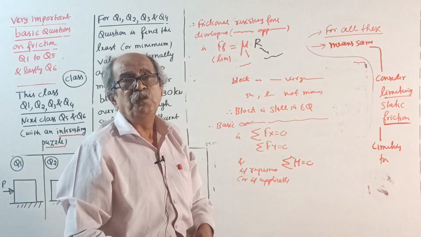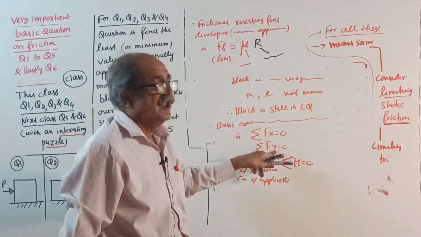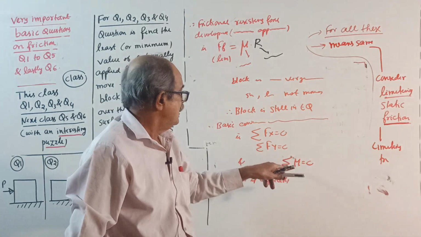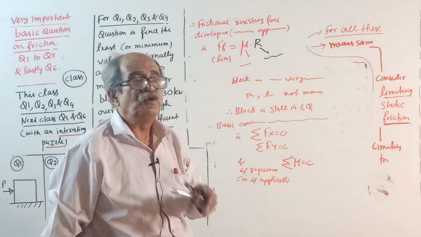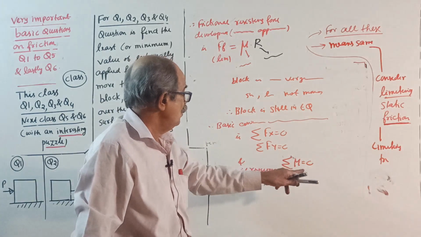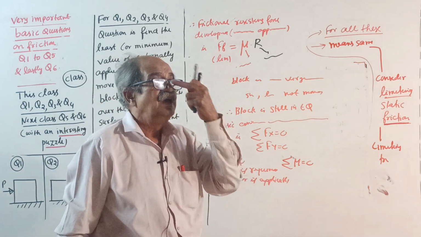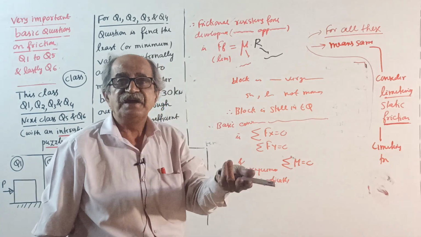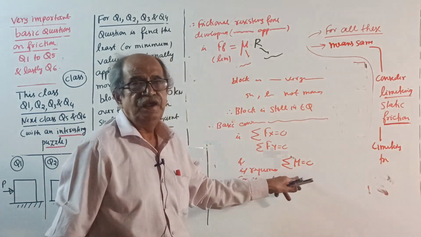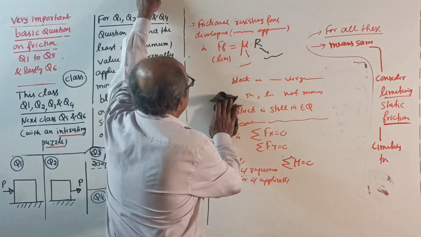The algebraic sum of components in the x direction and also in the y direction of the entire force system, considering action and reaction, is 0. The algebraic sum of moments of the entire force system, considering action and reaction, about any point is equal to 0. This you know thousands of times. Okay. This is also over.